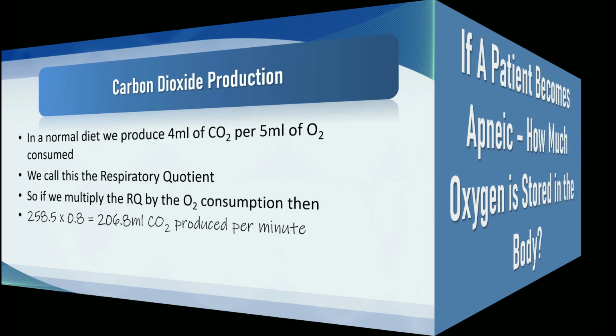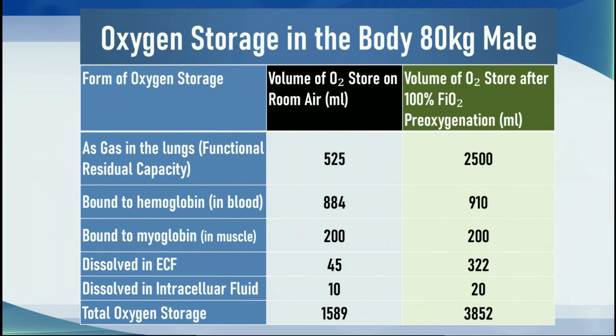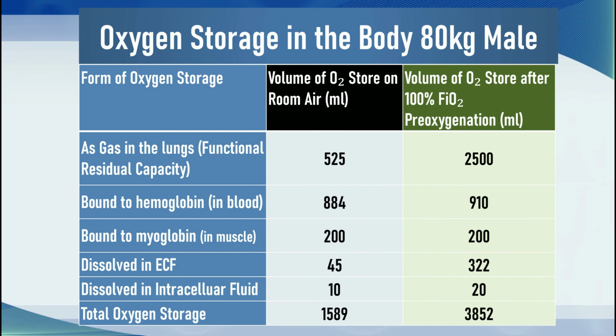As a quick aside, if a patient becomes apneic, how much oxygen is stored in the body? In this table, I have two major columns. One is the volume of oxygen stored in room air. The second is the volume of oxygen stored if the patient has been pre-oxygenated with 100% oxygen.